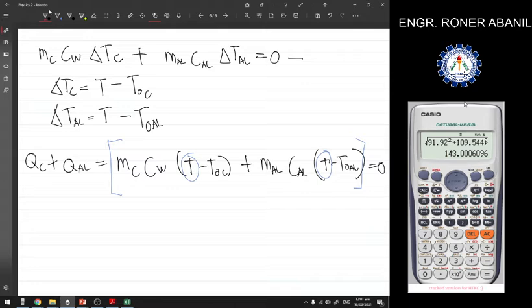Ano yung mass ng coffee? Yung mass ng coffee ay 0.3 kilogram.